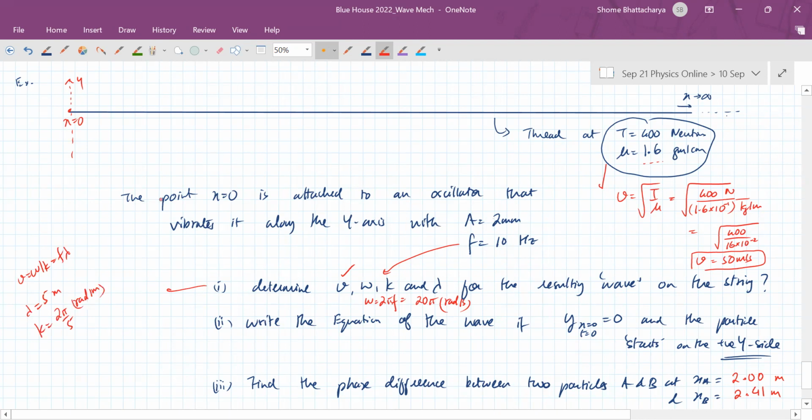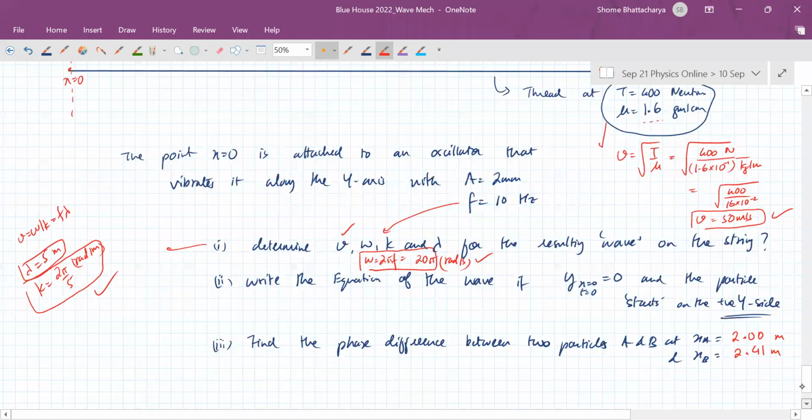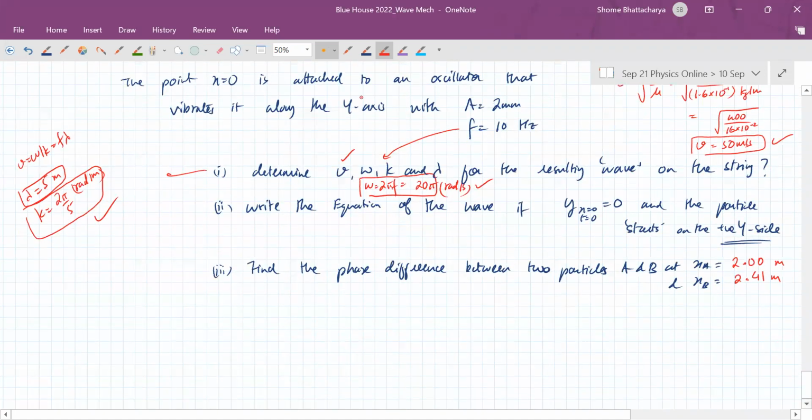So these are all the quantities: wave speed, wavelength, k, and omega. So this becomes the starting point for the problem here.